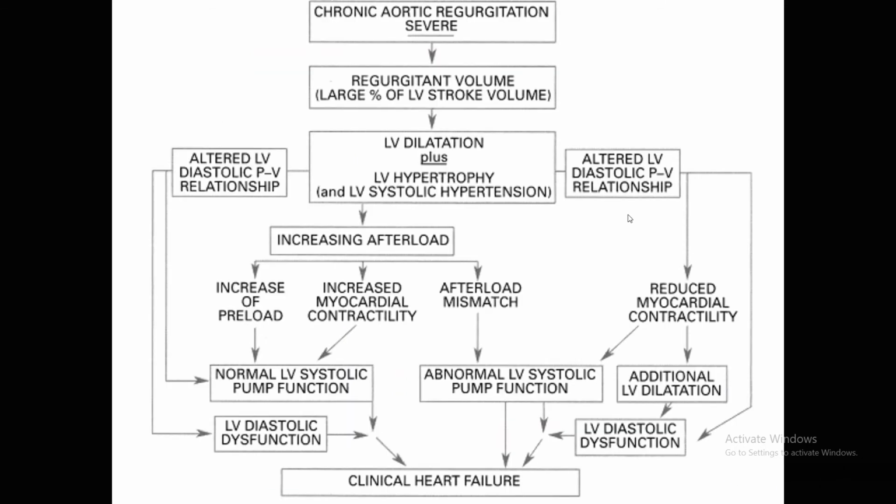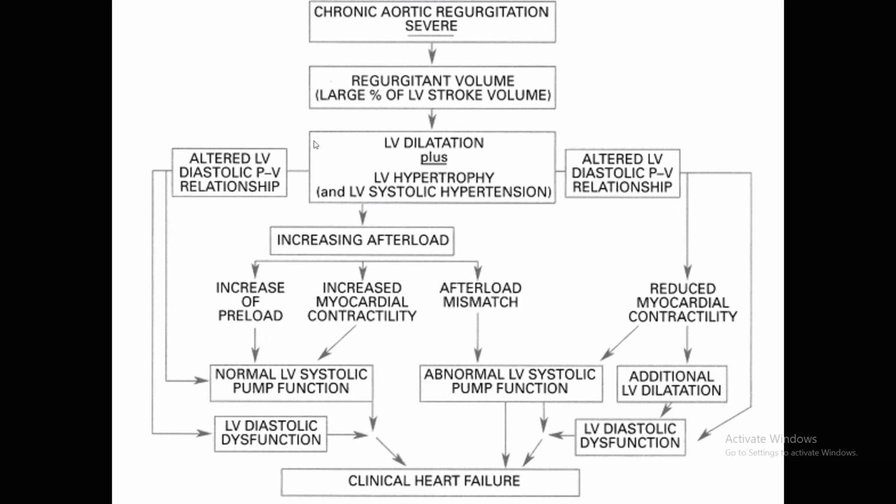The outcome of this disorder, especially the severe chronic aortic regurgitation, includes an increase of the volume because of regurgitant volume, left ventricular dilatation plus left ventricular hypertrophy, and left ventricular systolic hypertension.